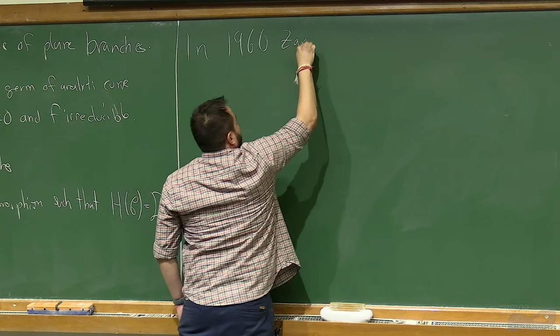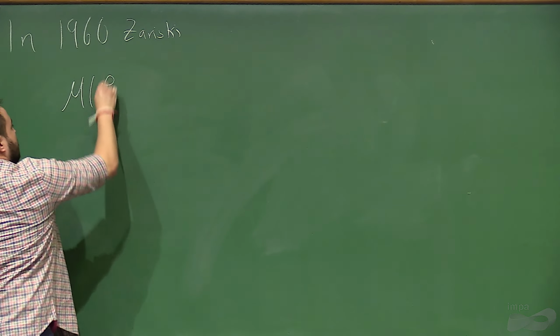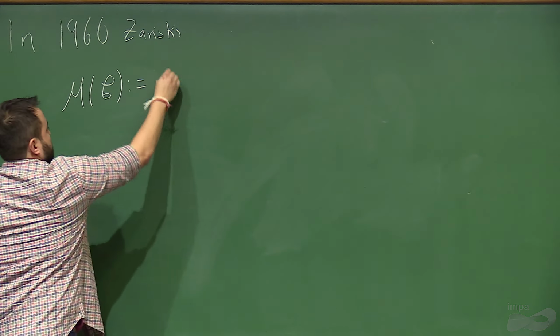So in the 1960s, Zariski was interested in the description of the moduli space of these branches. He was interested in the description of the quotient space.